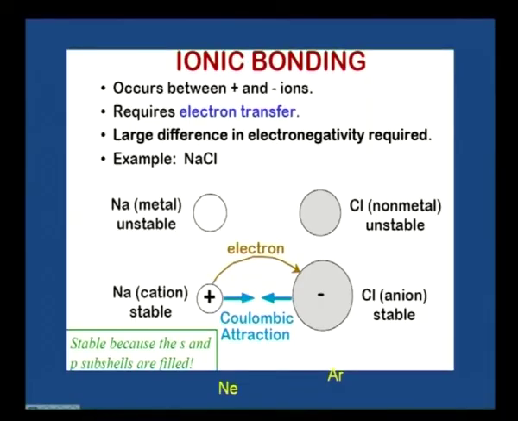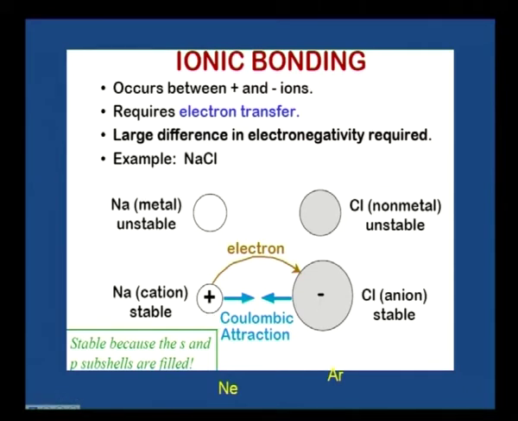The stability becomes better. So, by losing 1 electron, sodium will have 2 plus 8. Here, by gaining 1 electron, chlorine has 2 plus 8 plus 8, 18 electrons. You will have 18 electrons here and 10 electrons here.